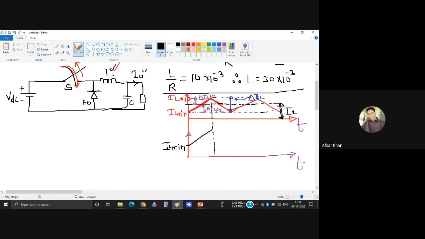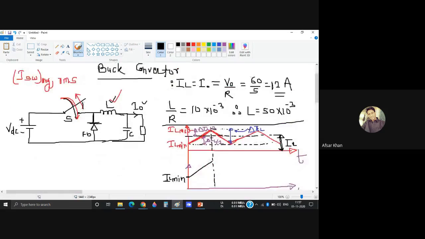Now, when the switch is off, very important, look here. When the switch is off, the current immediately becomes zero. It is not an inductor. Here, the current goes slowly to the minimum position because of the inductor.